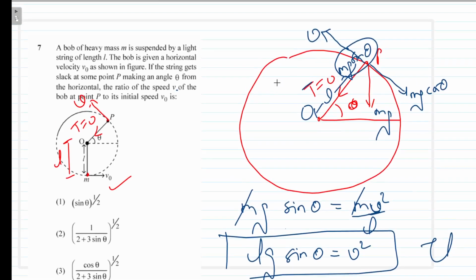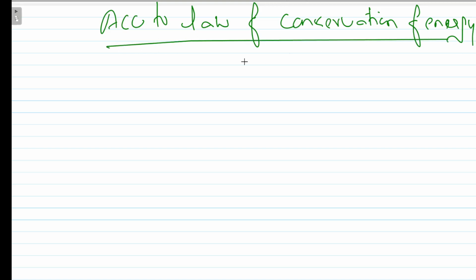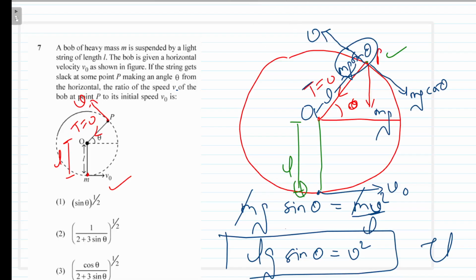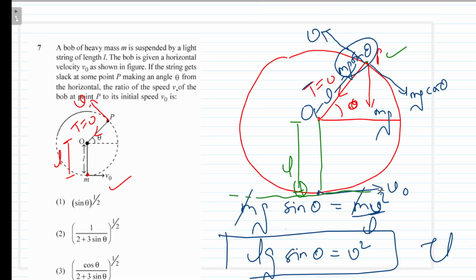अब हम लॉ ऑफ कंजर्वेशन यूज करेंगे एट बोथ दिस पॉइंट्स. यहाँ पे जो वेलोसिटी है इन द हॉरिजॉन्टल डायरेक्शन इट वाज गिवन v naught, और लेंथ ऑफ द स्ट्रिंग यहाँ पे है L. So here according to the law of conservation of energy, total energy at both points should be equal, at the lower point and at the point P. So total energy at point Q हम मान लेते हैं, ये वाला point Q and this point is P. This is equal to, अब lower point पे आपके पास सिर्फ और सिर्फ है kinetic energy.